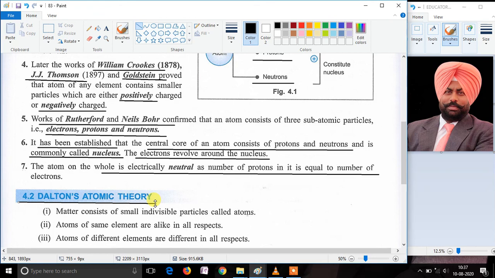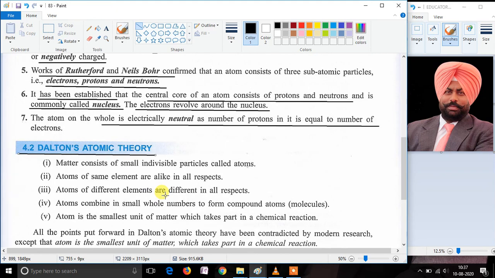There are several points which have been illustrated by him. Now we will be discussing the different points of Dalton's atomic theory, and I will be explaining them with the help of a video also.